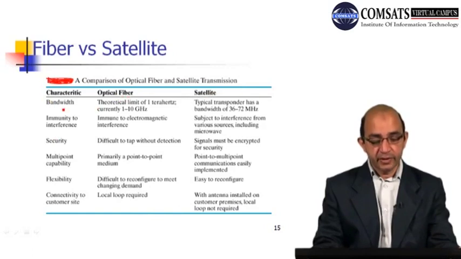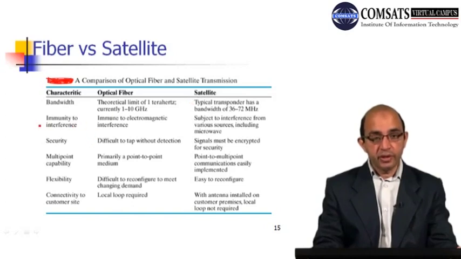So bandwidth, theoretical limit of 1 terahertz. Currently we can support 1 to 10 gigahertz. This is the actual bandwidth. For satellite communication, a transponder has a bandwidth of 36 to 72 megahertz.